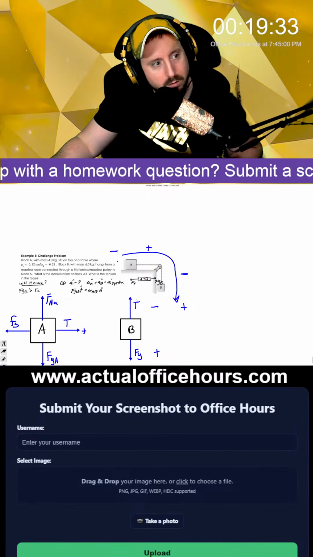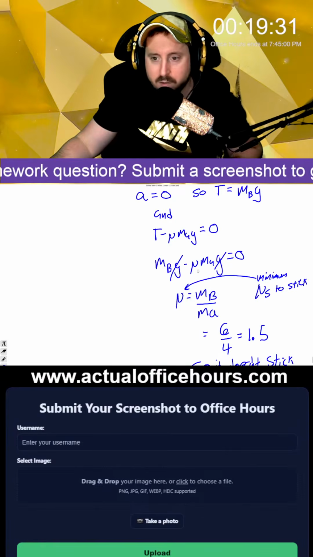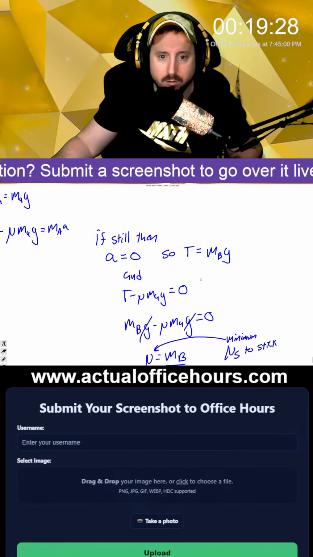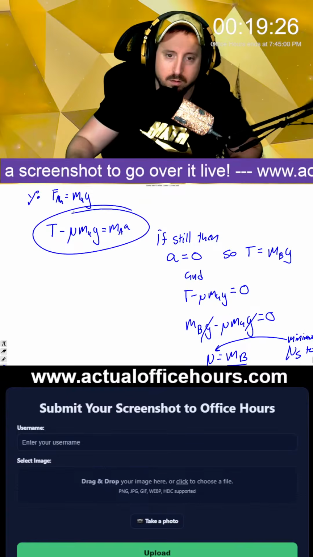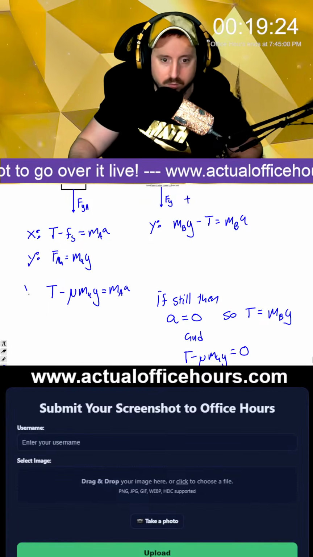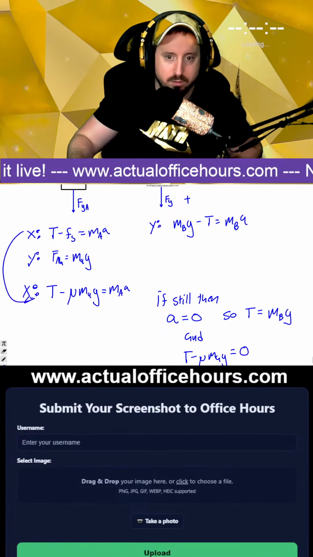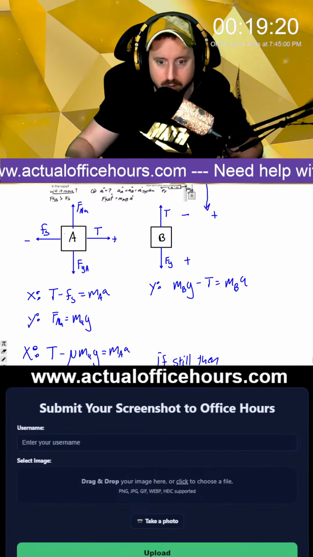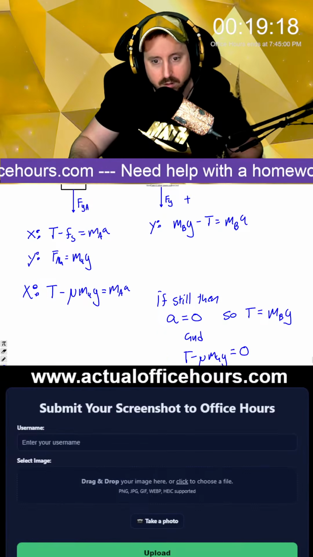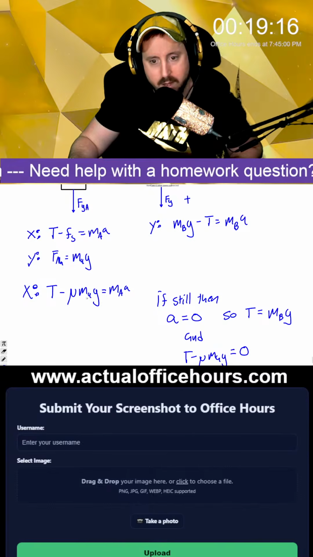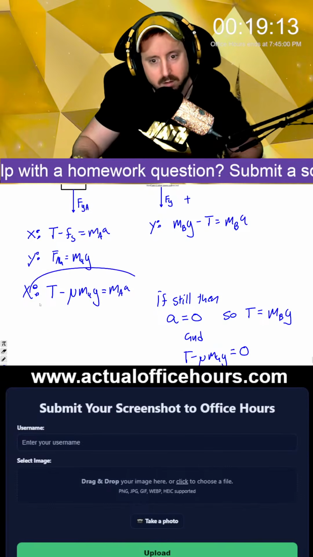It's actually kind of cool. Why did I do M_B minus M_A? Looking at this equation, this is the X equation for block A: tension minus mu M_A g equals M_A a.